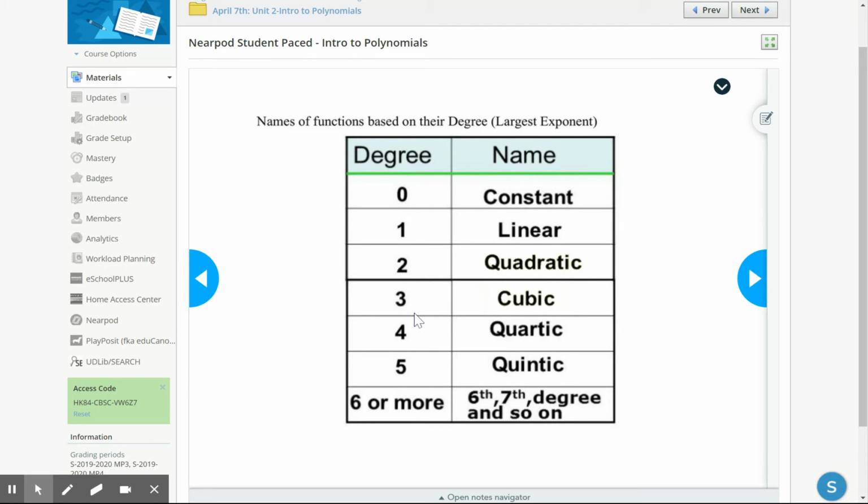And now you guys need to get familiar with, if something is to the fourth power, it's called quartic. If something is to the fifth power, it's called quintic. After the fifth power, we just say to the sixth power, to the seventh power, to the eighth power. It's technically fine to still say to the first power, to the second power, to the third power, to the fourth power, to the fifth power. But these are the names that they're associated with. So I can call this a linear function. I can call this one quadratic, so on and so forth.